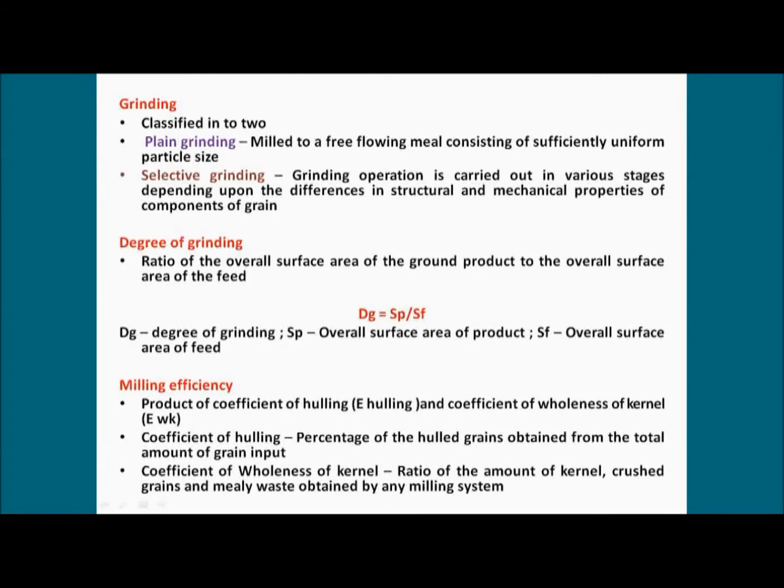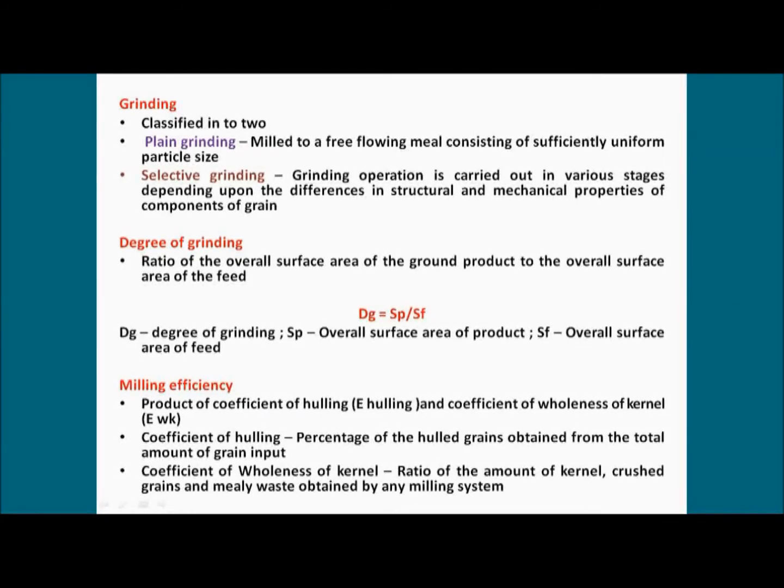Means suppose we have taken 1 kilo of kernel, we have subjected this kernel to size reduction. After the size reduction process, using the size reduction equipment, at the end of the process we have got, suppose, 250 gram of grains, and the remaining 750 gram has been wasted.